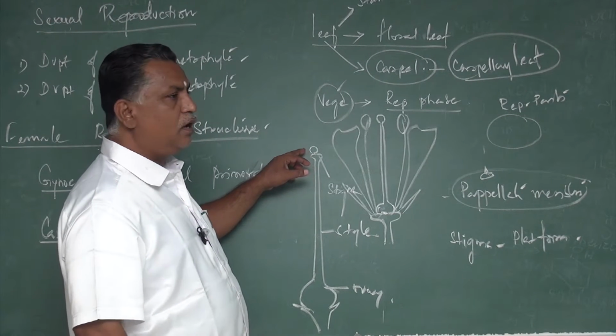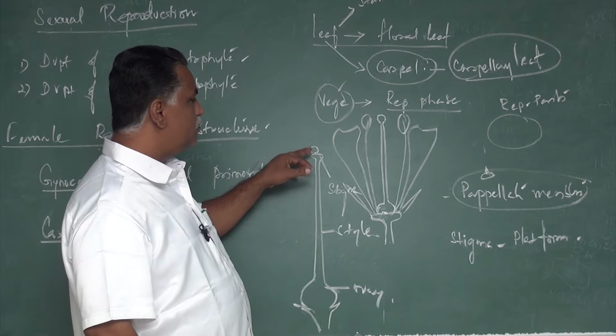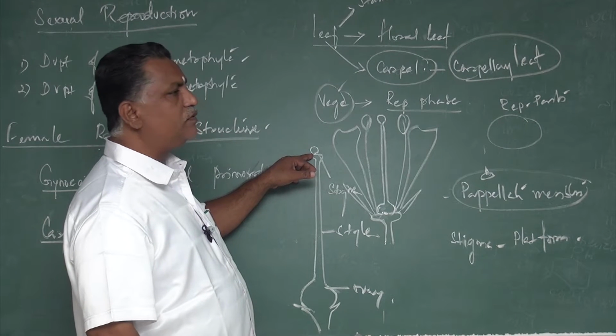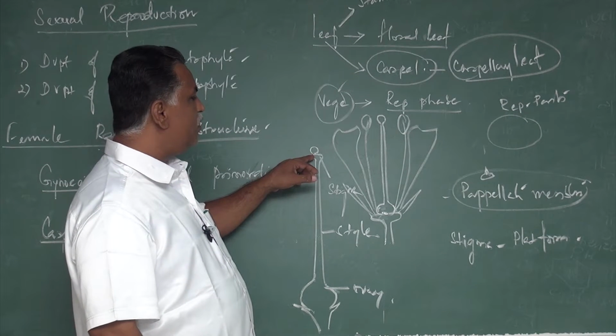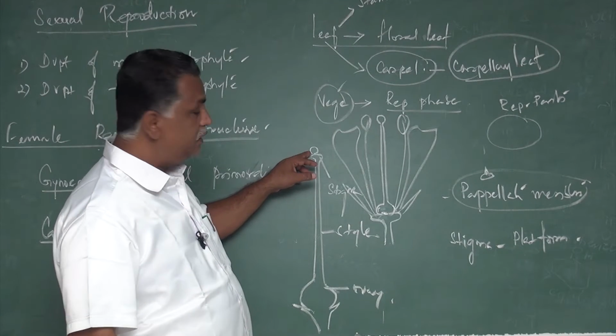Stigma secretes certain substances, enzymes, hormones, etc. They either promote the growth of the pollen grain or they will repel the pollen grain in the cases of incompatibility.